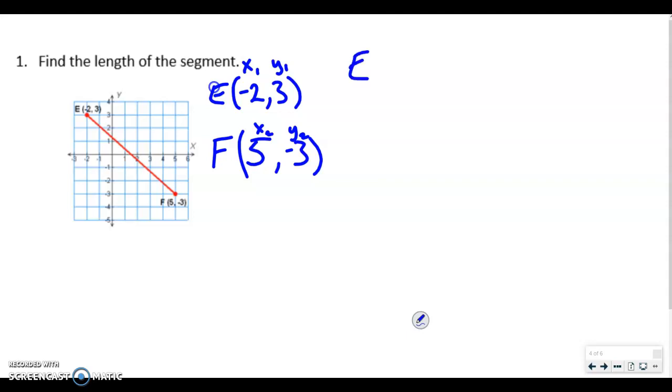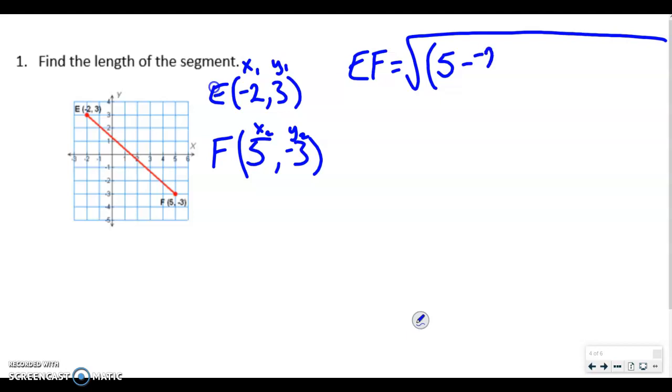So EF, which is our distance, equals long square root x2, which was 5, minus x1, which is -2, that'll be squared, plus y2, which is -3, minus y1, which is 3, and all of that squared.